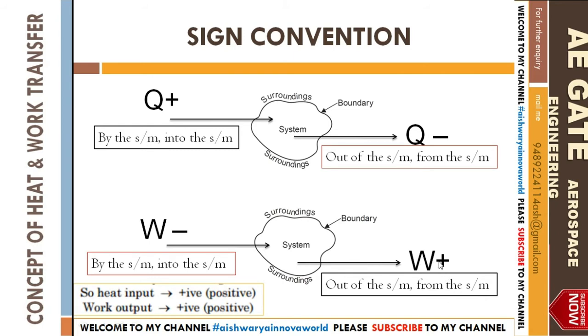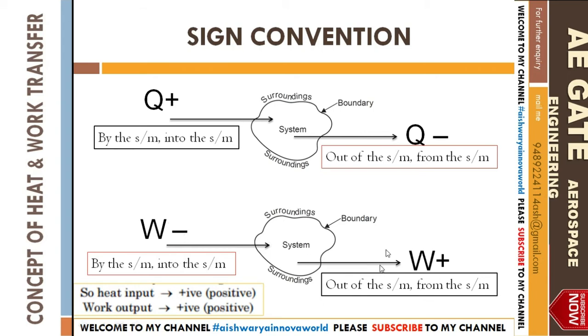In a question paper, if you see heat is liberating or coming out from the system, you have to mark that heat value as negative. If you see work done into the system, you have to note that work done is negative.